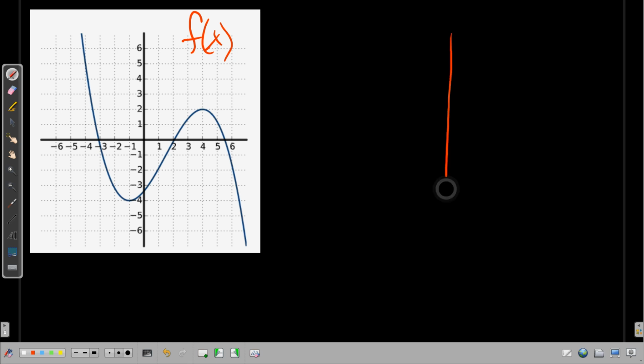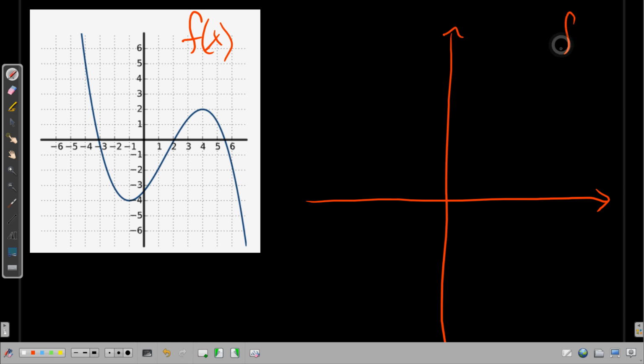And over here, I will sketch f prime. And this thing has horizontal tangent lines when x is -1 and when x is 4. So then that's where f prime would be 0. It's going to go through these 2 points.